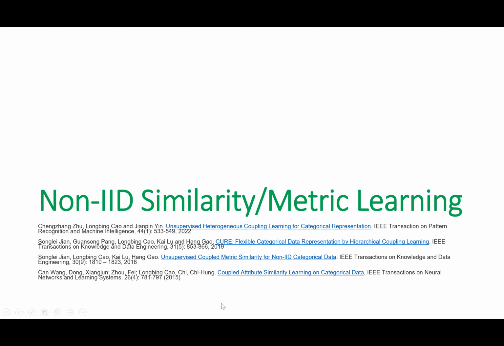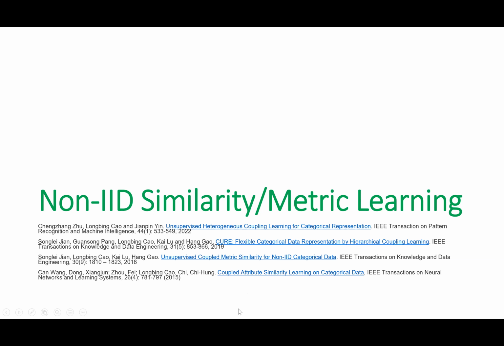So now the first technique, the first area I introduce, relates to non-IID similarity learning or metric learning. There is a lot of work done in my group related to incorporating different couplings, hierarchical couplings, into similarity learning or metric learning. If you are interested, you can find some of the papers.